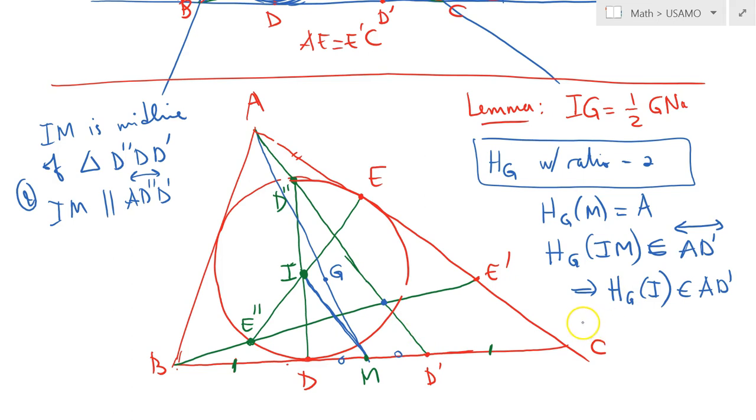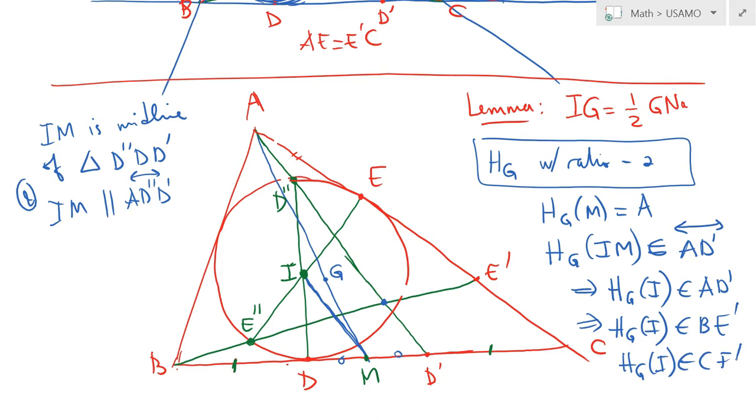By the same token, due to symmetry, there's nothing special about the vertex A, right? So we should also get that the dilation will take I to a point on BE prime, and even though I didn't draw it, also to a point on CF prime.